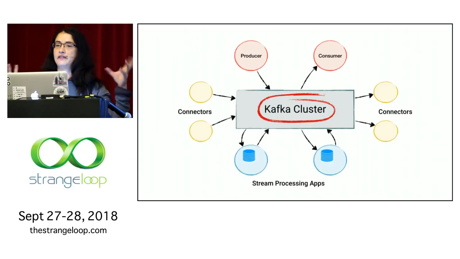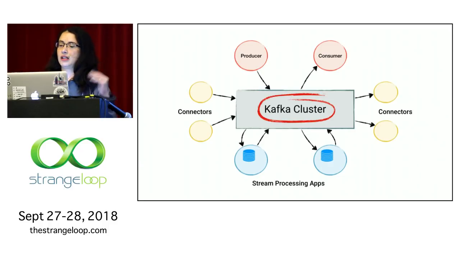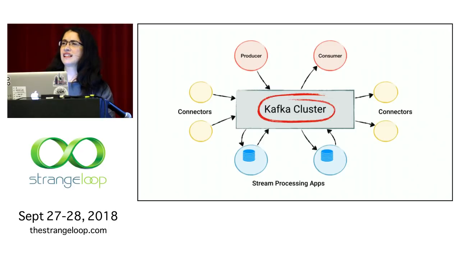Then we have connectors that allow you to generate those events from something like a database, or to send those events to something like a database, and we have stream processing modules that let you read a stream, do stuff to it, and write a new one. The Kafka cluster itself at the core is a glorified storage mechanism. We sometimes say that it's a message queue that married a file system. So that's one way to look at it.